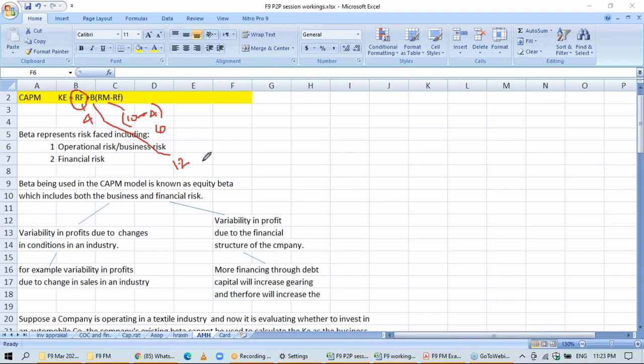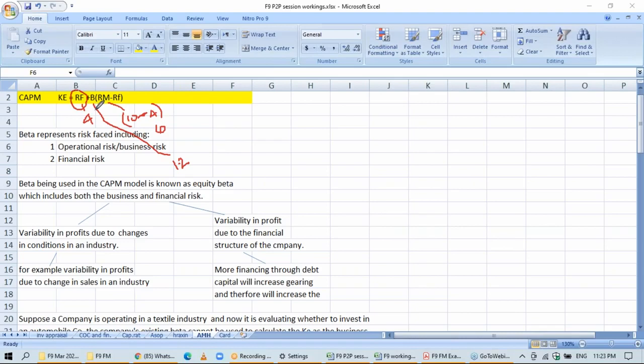Why? Because that share or that investment or that project is more risky than the market portfolio, right? So beta more than 1 indicates that the investment you are seeking to invest in is more risky in terms of systematic risk compared to the well diversified portfolio.